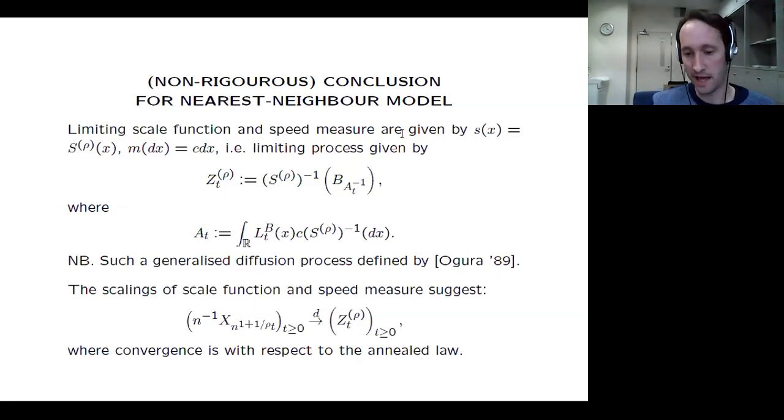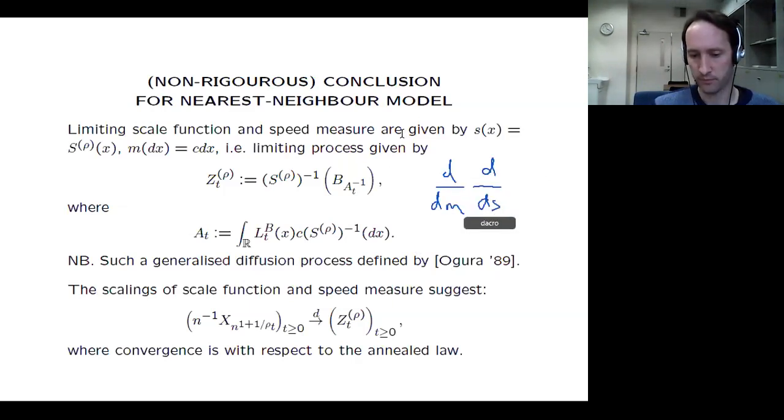And a little bit more than that, the generator of these one-dimensional diffusion processes in general is given by d by dm, d by ds. This means that the time scaling of the processes should be something like the mass scaling times the scale function scaling, and somehow that feeds in down here.